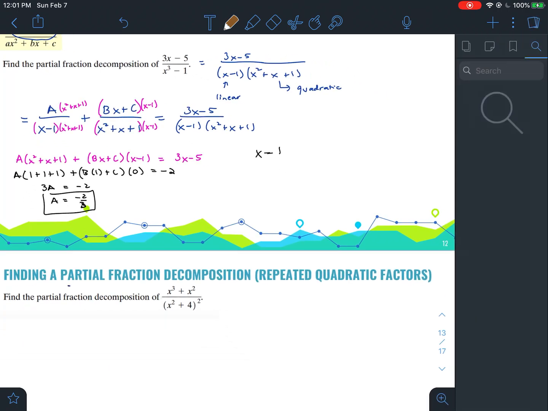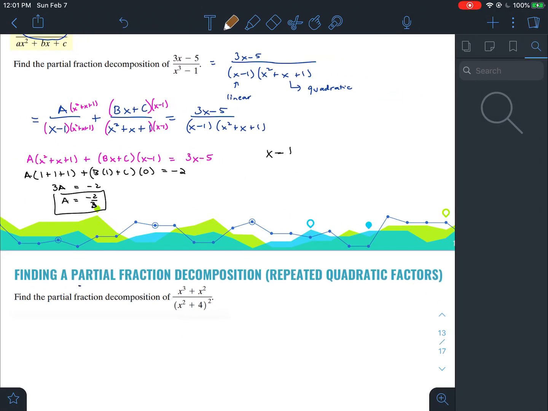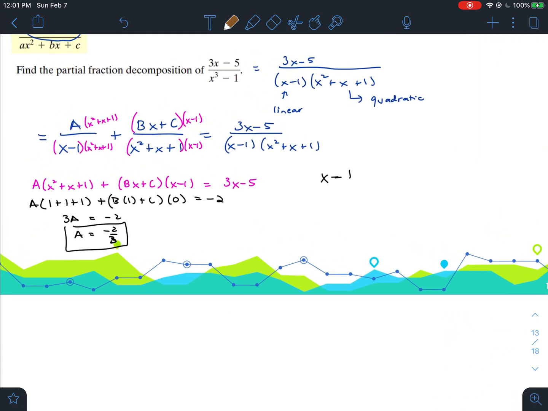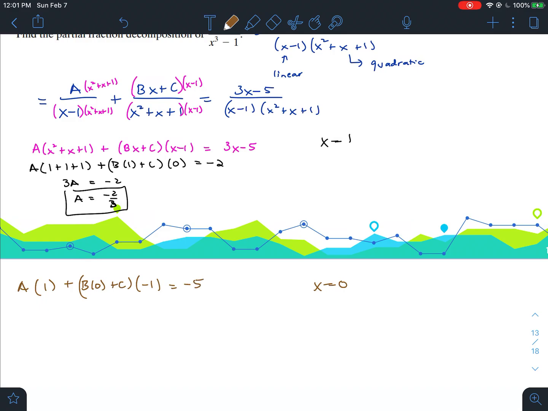And then let's let x be 0. If I let x be 0, then I would have A times 1 plus B times 0 plus C times negative 1 is going to equal negative 5.